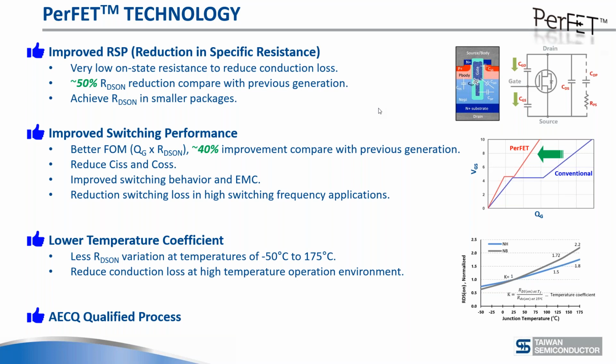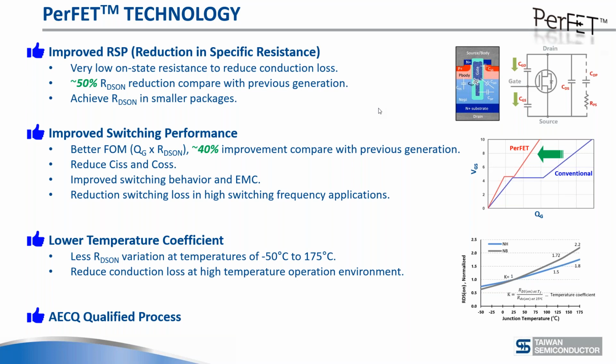So for a 7 milliohm die, the die size with the old trench ones versus the split gate ones, if you sometimes use copper clips, can be between 25 and 50% smaller. So you can also get a better RDSON in smaller packages. That's one of the advantages we've introduced in PerFET technology.